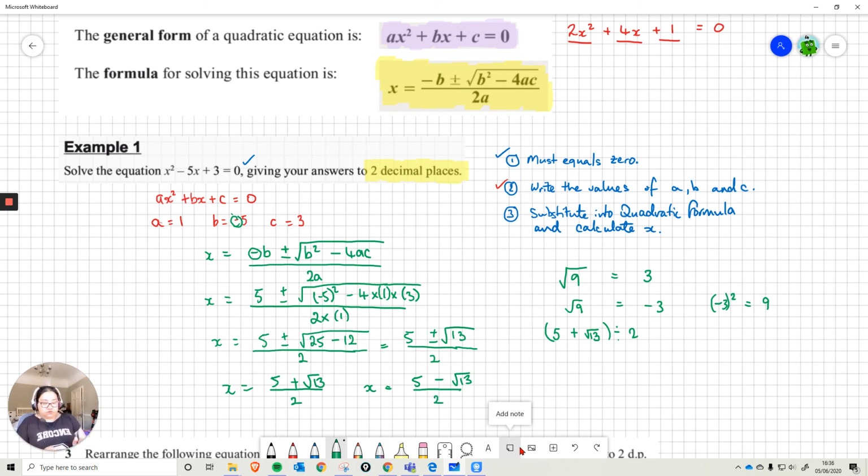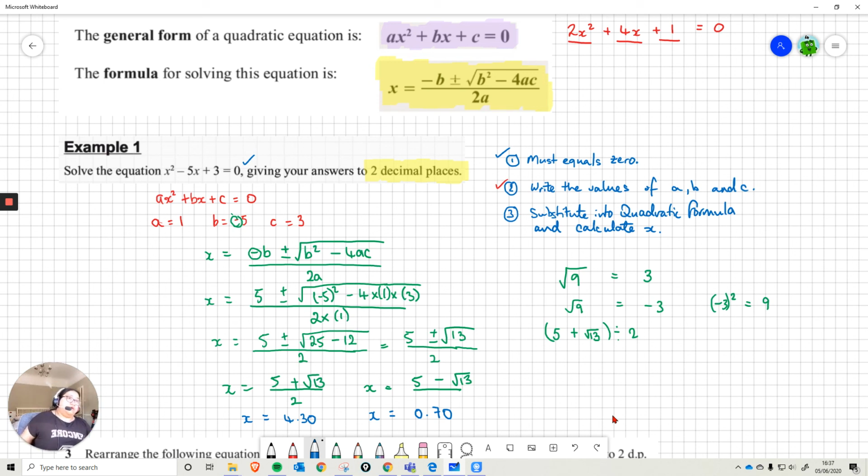And you'll end up with 2 different answers. So for the first answer, for the positive, it's going to be 4.30. And for the negative, it's going to be 0.70.